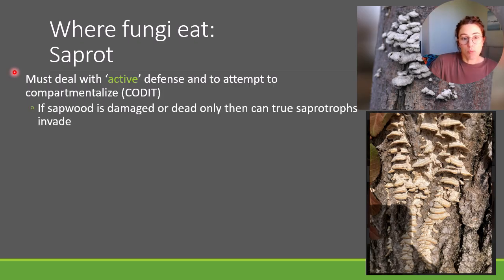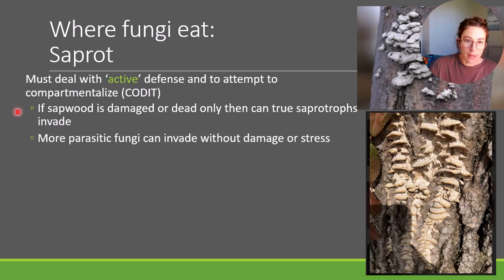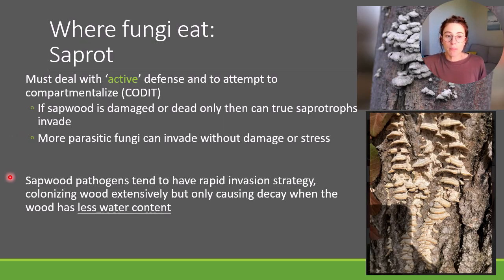So if the sapwood is damaged or dead, then saprotrophs can invade, but more parasitic fungi can invade without the damage stress. Again, I've already noted which ones are a little bit more aggressive. Generally, sapwood pathogens have a more rapid invasion strategy. They're going to colonize the wood extensively and then cause decay, particularly when the wood has less water content.